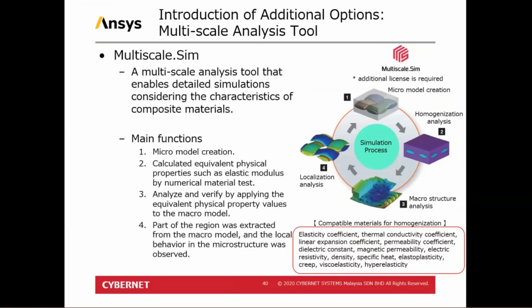And then from there, you can also do a macro model analysis. A macro model analysis verifies the material properties acquired from the homogenization analysis. And then finally, you can also do a localization analysis. Here users can study the microstructure behavior from the macro model analysis that the user just did.